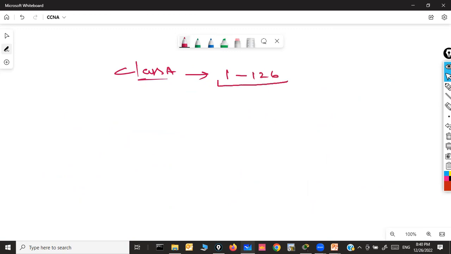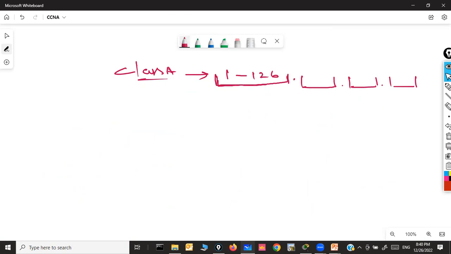For identification, you will have to remember the value in the first octet. If the first octet has any value from 1 to 126, it means a class A address, right? To identify the class, we don't have to look at octets number 2, 3, and 4. Only octet number 1, the first octet.